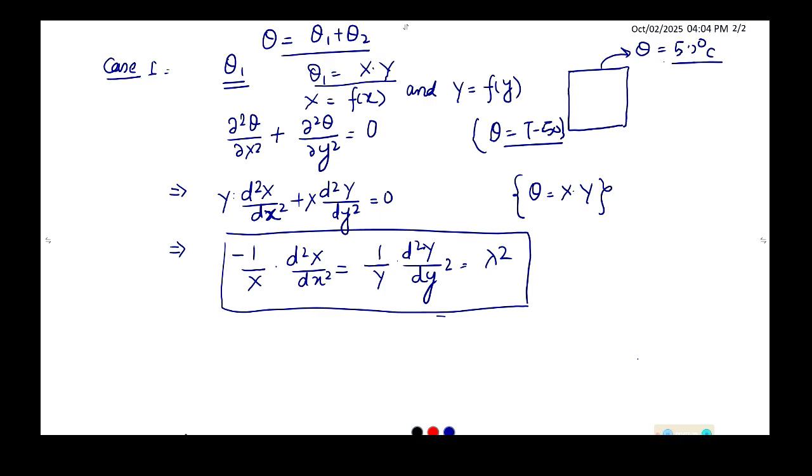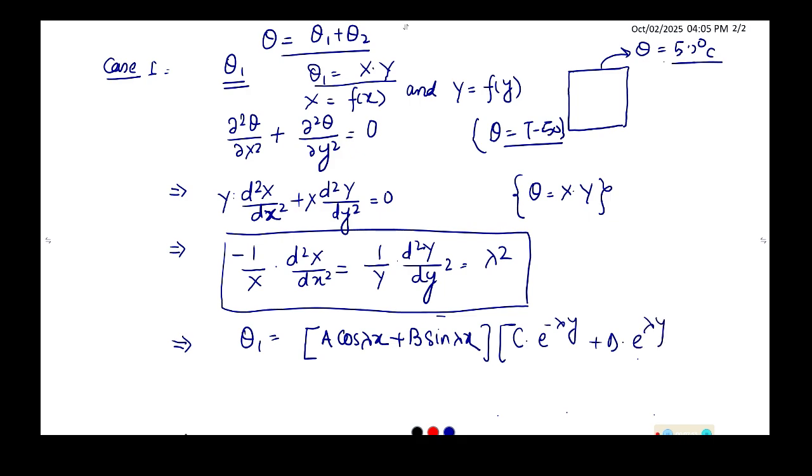Therefore, from our basic engineering mathematics we know that the solution for theta 1 can be written as (a cos λx plus b sin λx) times (c e^(−λy) plus d e^(λy)), where a, b, c and d are constants.